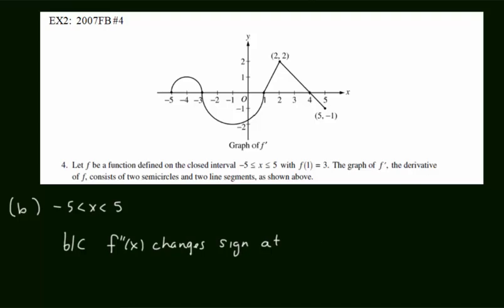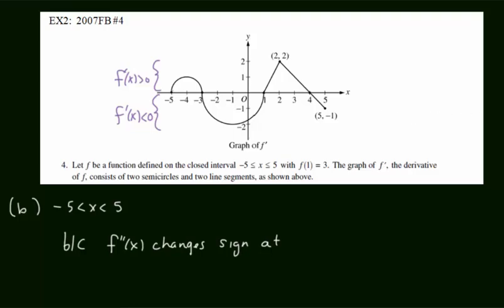So that's what I'm looking for. I'm looking for where the derivative of the derivative changes sign. So of course, f prime is positive here, and f prime of x is negative where the graph is below.